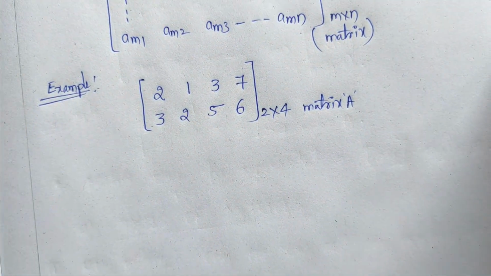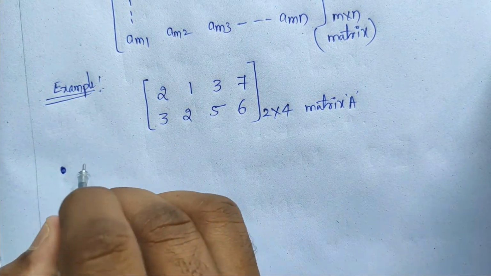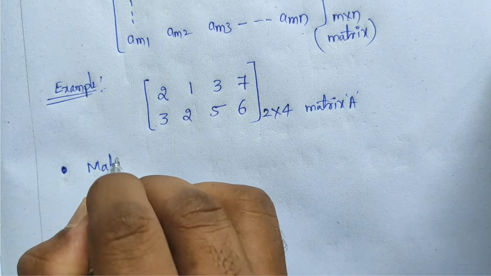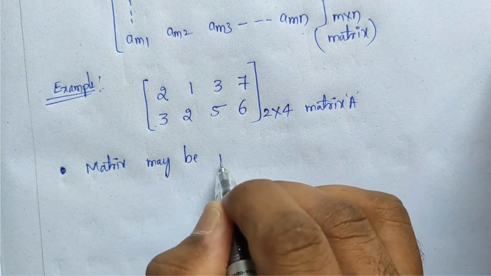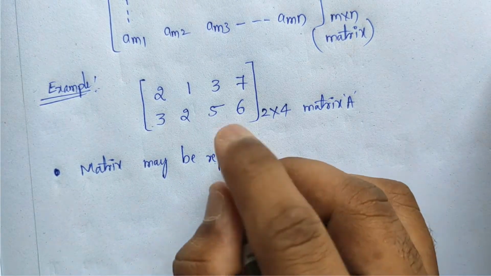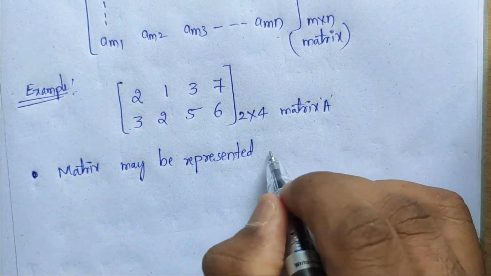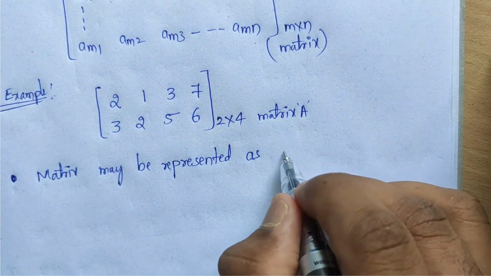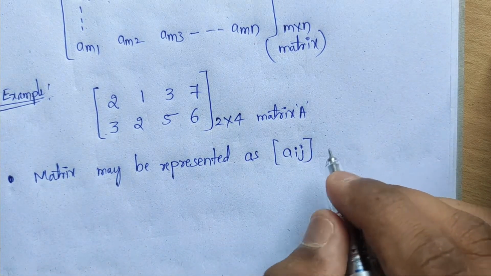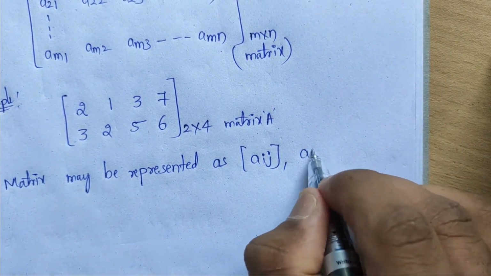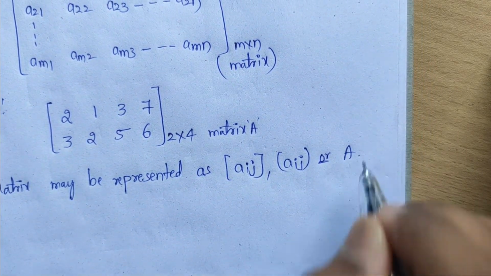The matrix may be represented as Aij, or simply A.